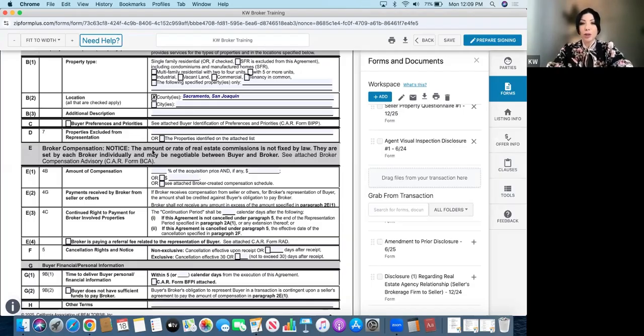And so you do want to ask the buyer, were you working with somebody? Did you sign something? Buyers sometimes say, I don't know, I don't remember. Well, double check your email, make sure you didn't sign another agreement, because you could be on the hook for two commissions, and we don't want to see that happen, that you have to pay two people. So let's get that sorted out from the start before you go into contract with somebody else.